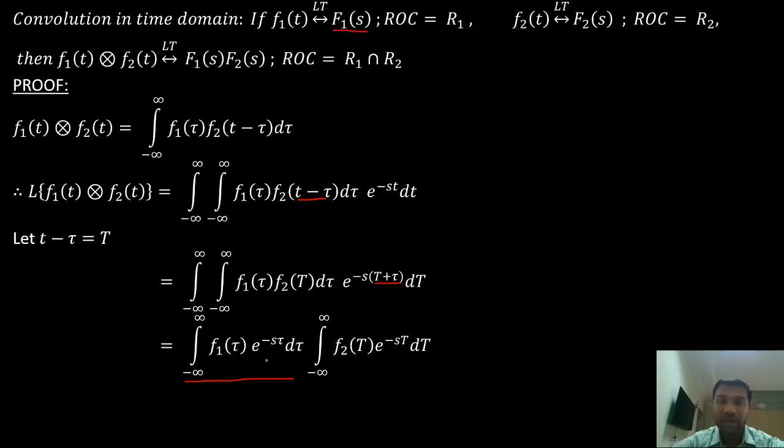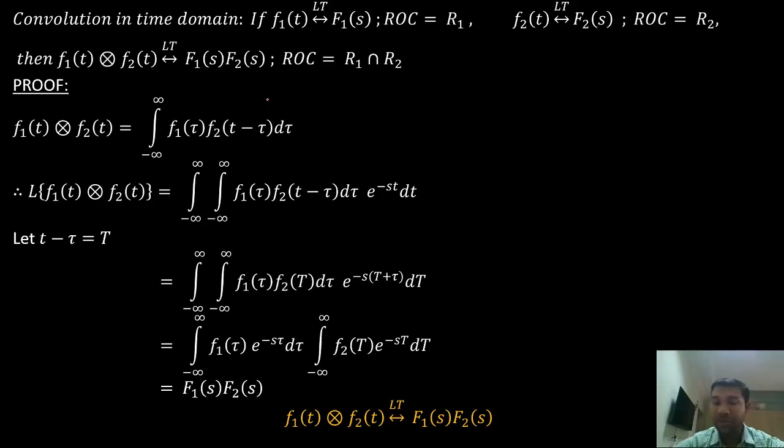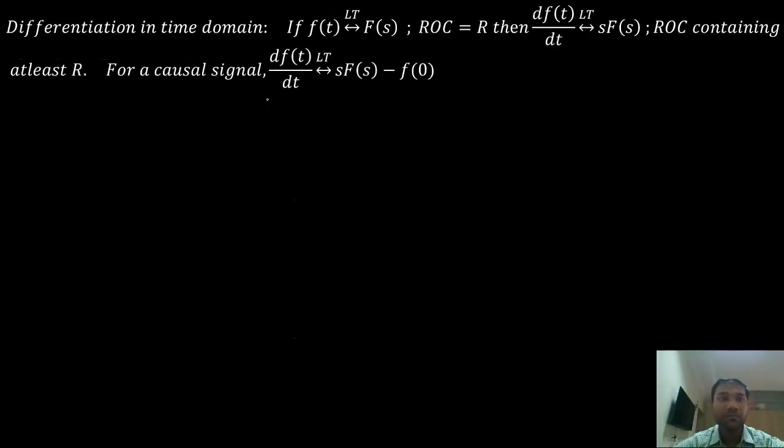And the second integral is F2 of s. So it is nothing but multiplication in the Laplace domain, or S domain. Convolution in time domain results in multiplication in the Laplace domain. That is the convolution property in time domain.